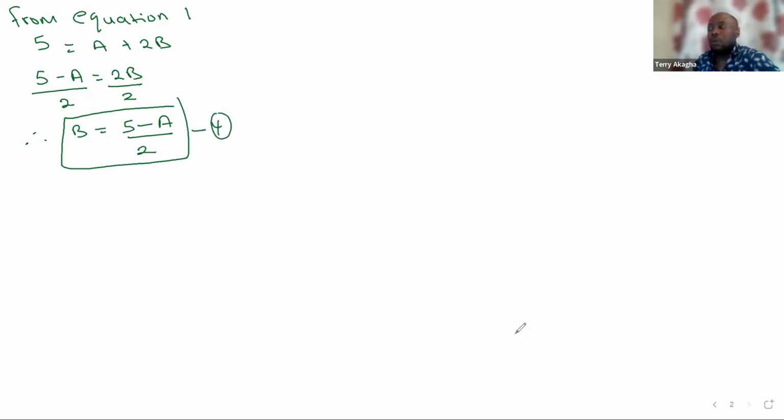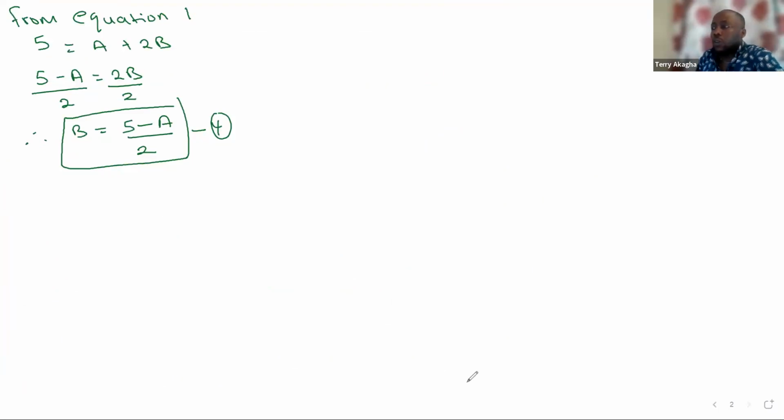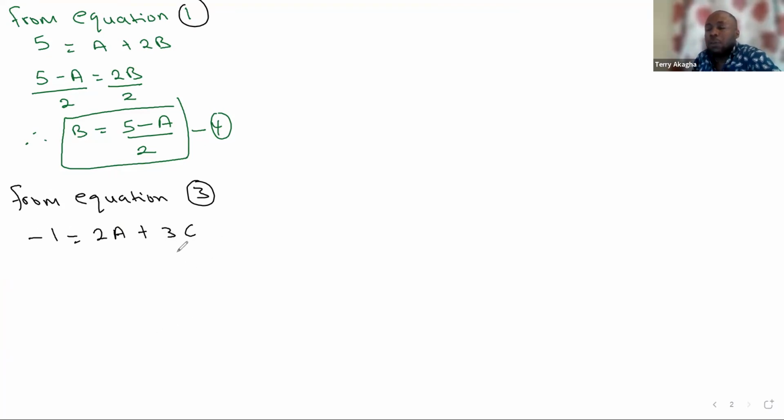Now, also, let's go to equation 3 and see what we have. From equation 3, we have minus 1 is equal to 2a plus 3c. Now let us make c the subject of the formula here.